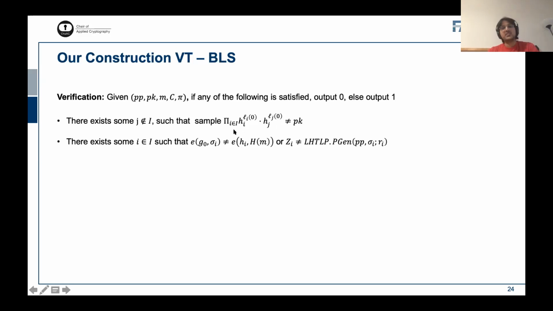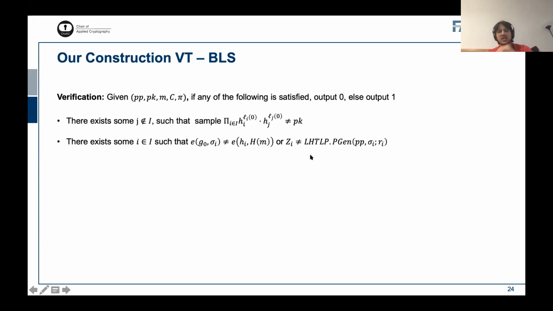So you check if each of these signature shares is itself a valid signature with respect to the public key share, and you also check if the opened puzzles are well formed. Notice that you also reveal sigma I and the random coin for the set I, so you can run the puzzle generation yourself and check if the puzzle is correctly formed.